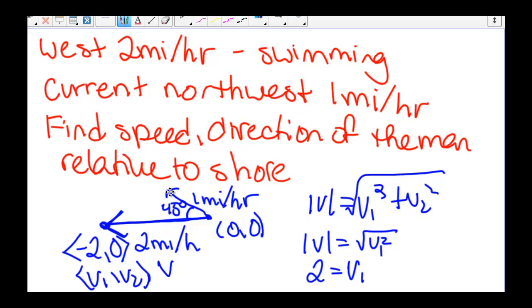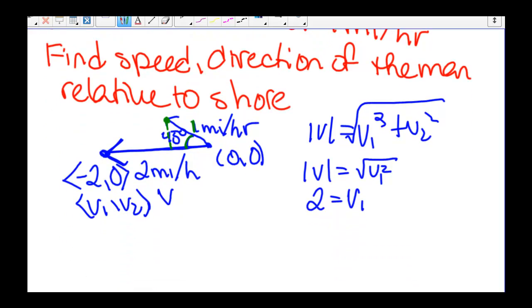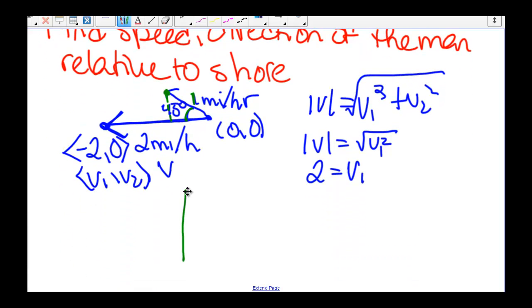Now to find this point up here, we know that this is 45 degrees. If we drop down a perpendicular, we have a 45-45 triangle. So if this is 1, let's draw this triangle out. We know our hypotenuse is 1.